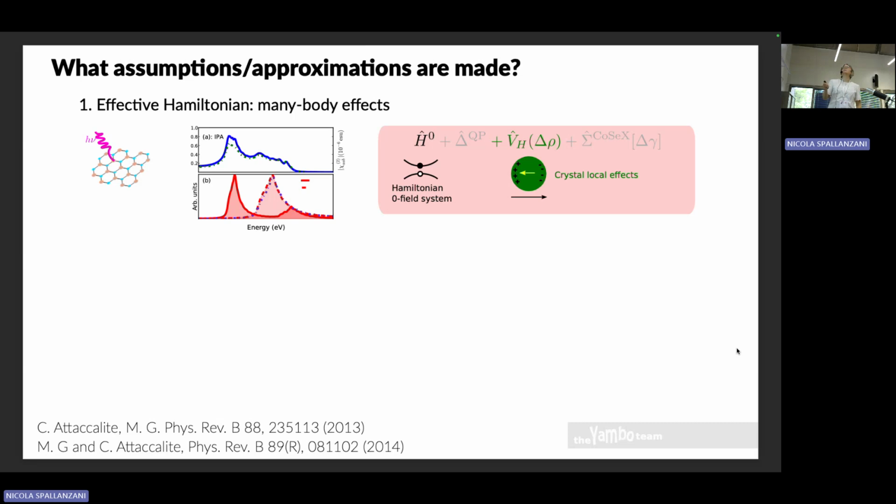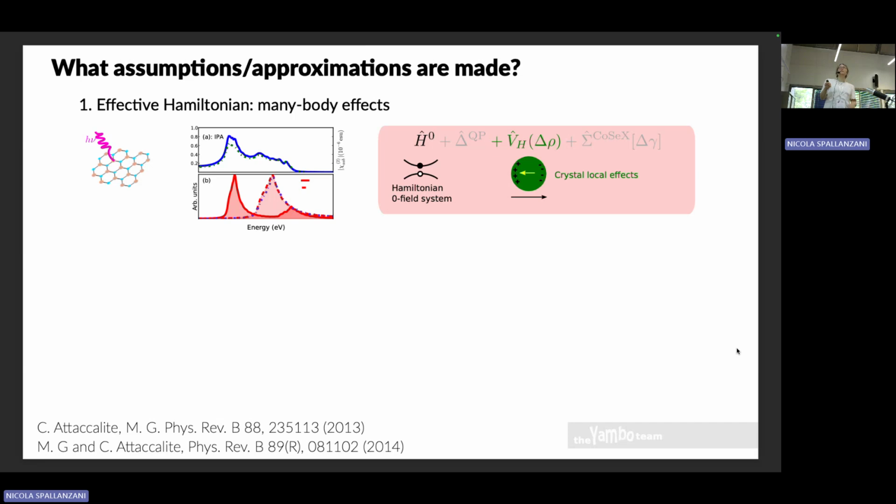If you add the Hartree potential, the Hartree potential will change with time because of the change in the density. We know that local field effects mostly don't have a lot of effect in homogeneous bulk or homogeneous systems.